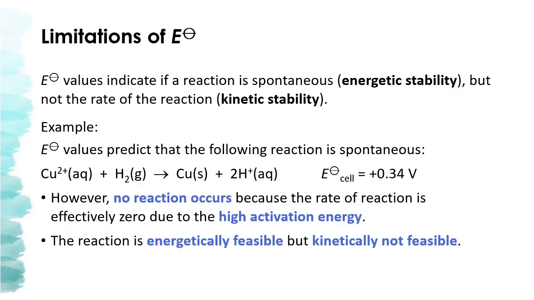There are real examples where you can calculate that a redox reaction is spontaneous, but it doesn't seem to occur under room temperature and pressure because the reaction is very slow. We call this type of reaction energetically feasible, but kinetically not feasible.